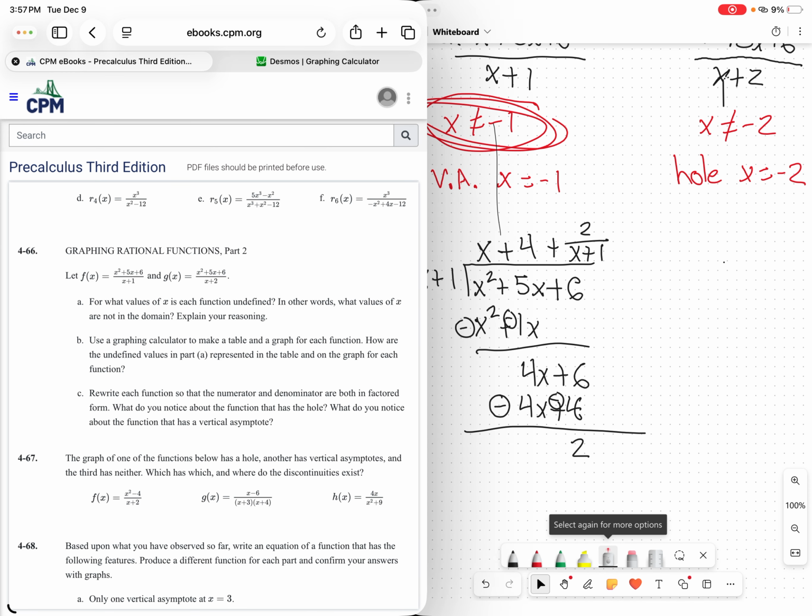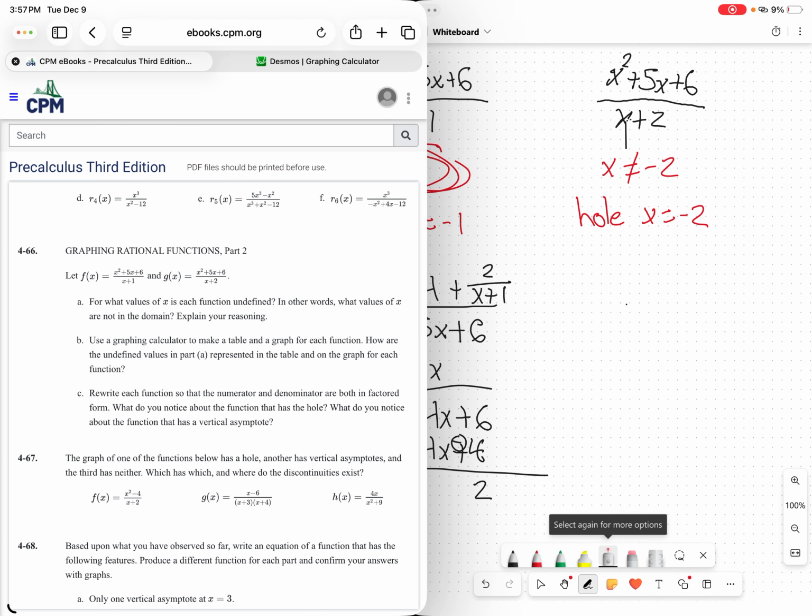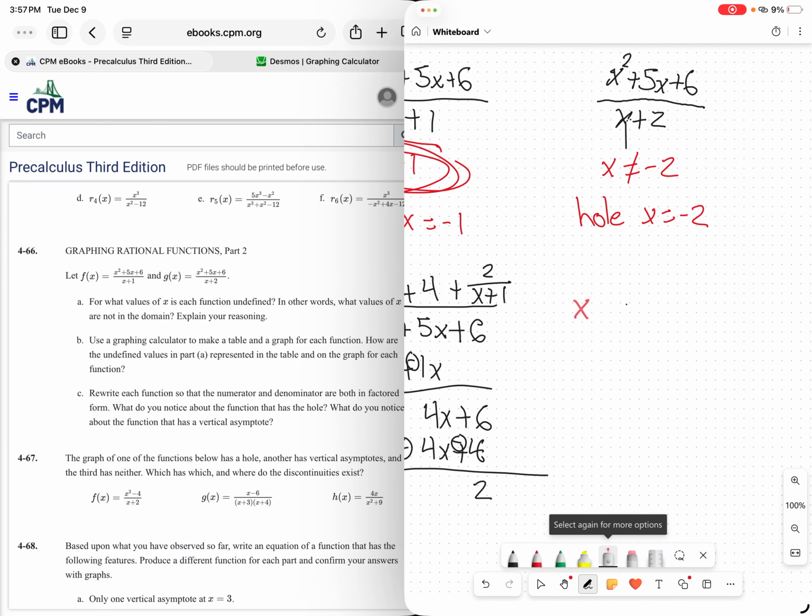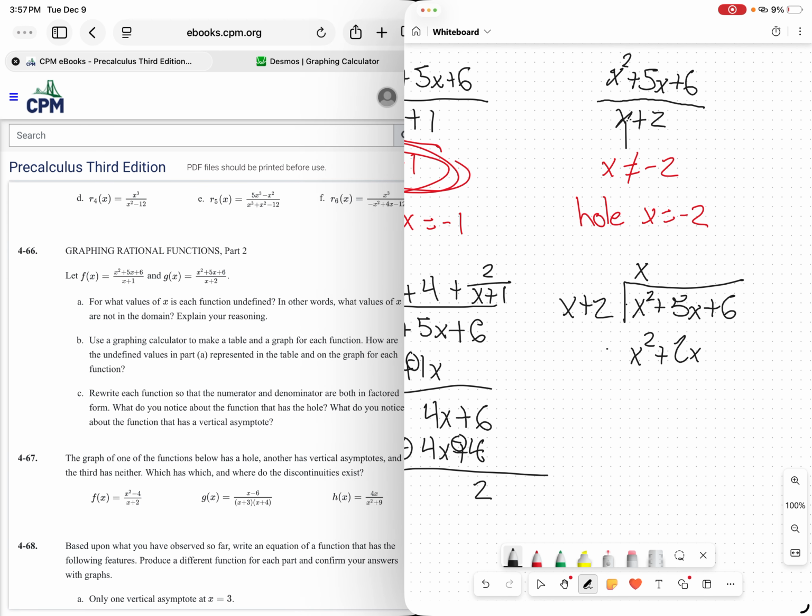Okay, so now let's do the same thing for this one. So we'll change it to x plus 2 into x squared plus 5x plus 6. So we have x squared. We have x. Change our signs. And then we have 3.